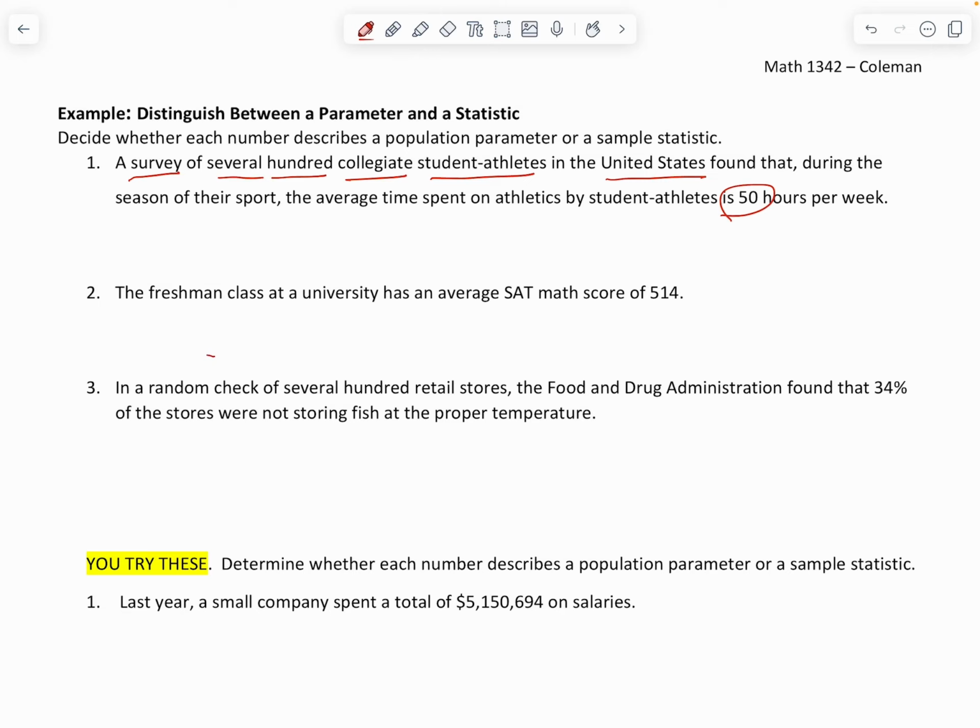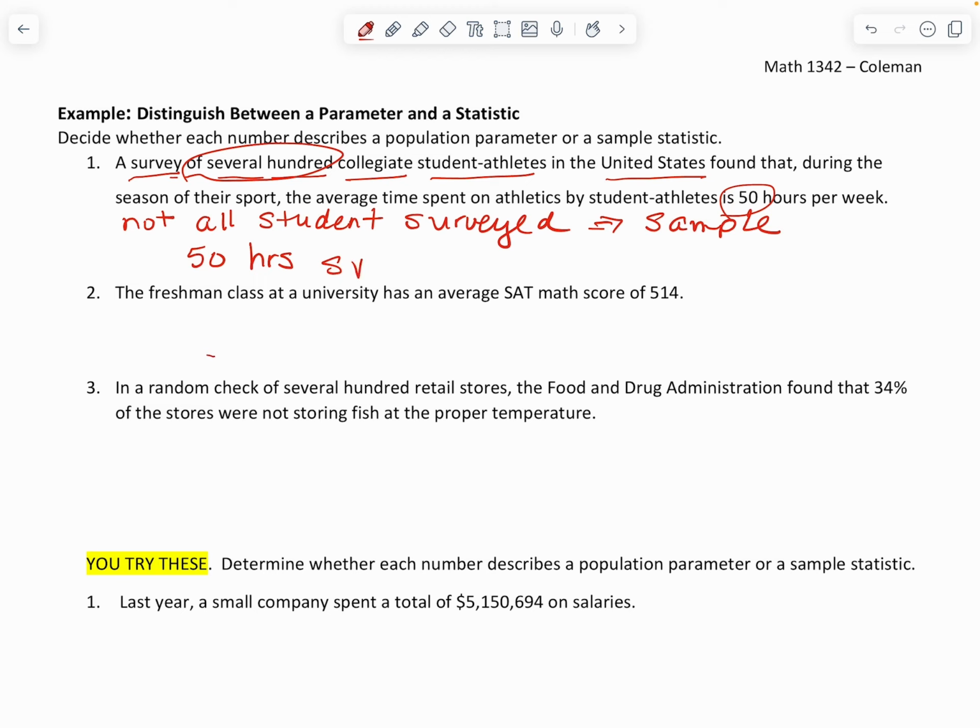And the answer is no. So since this is not all student athletes that were surveyed, in fact, just several hundred were, that means that this was a sample. And since it was a sample, the 50 hours spent is called a statistic.